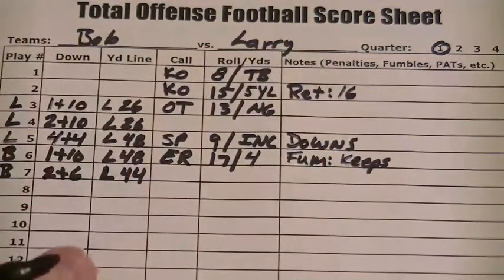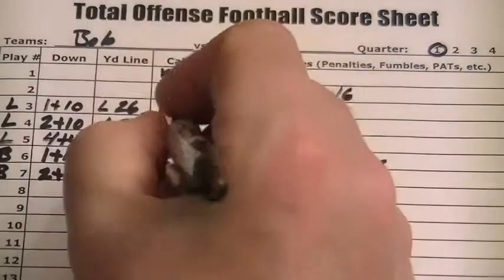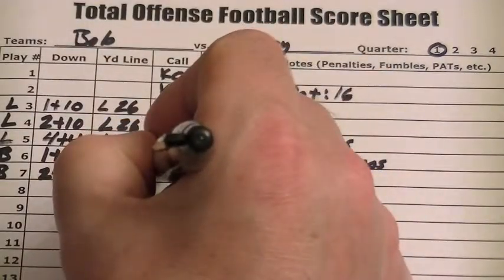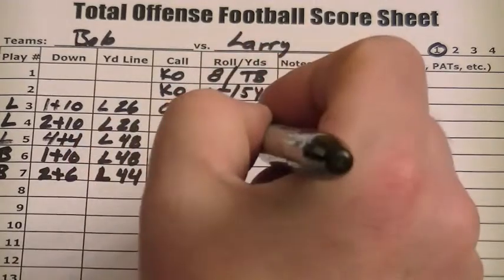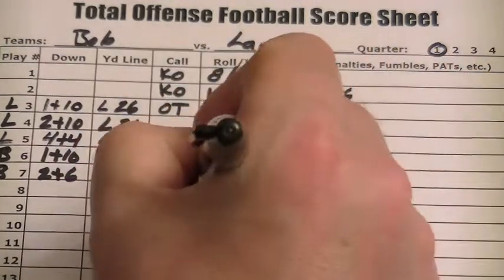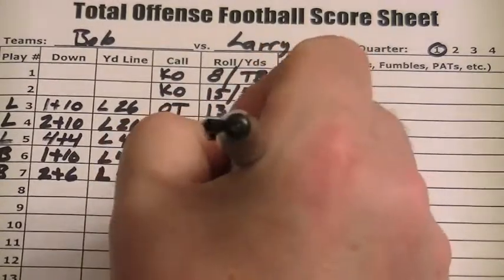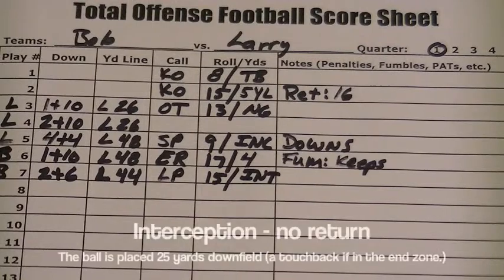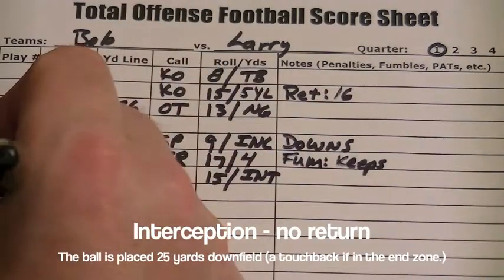Let's cover an interception. So it's on the 44, and he decides to try a long pass, and for his long pass he rolls a 15. A 15 would then be an interception, or INT. So Bob automatically loses the ball, Larry takes over, but on an interception 25 yards is added.